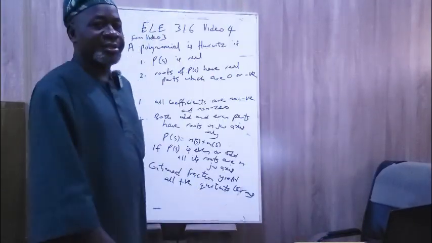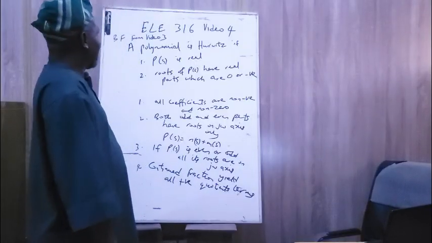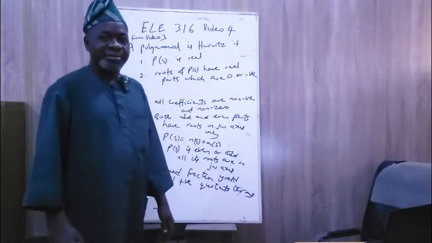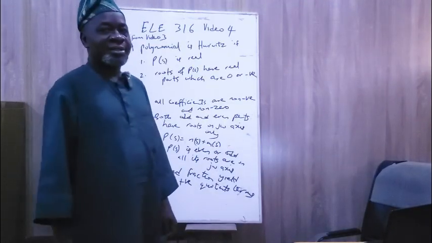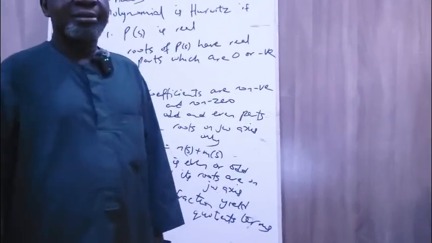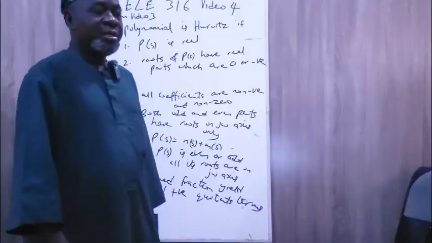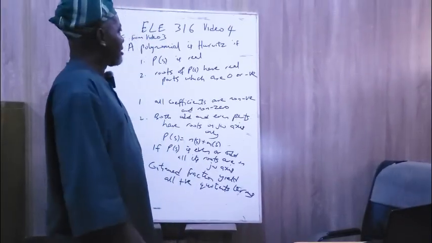ELE 316, video 4. These are brought forward from video 3 when we were talking about Hurwitz polynomial. For a function to be realized, the denominator polynomial must be Hurwitz.